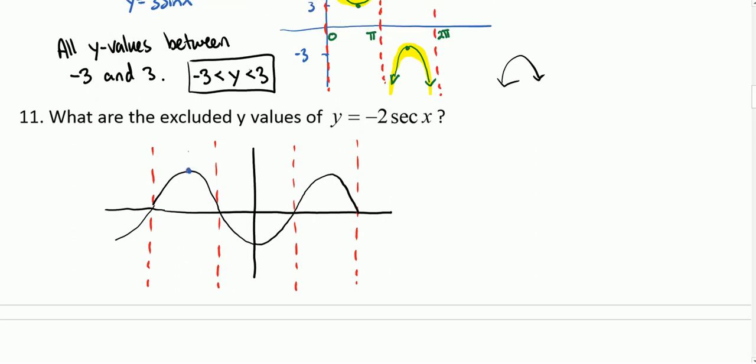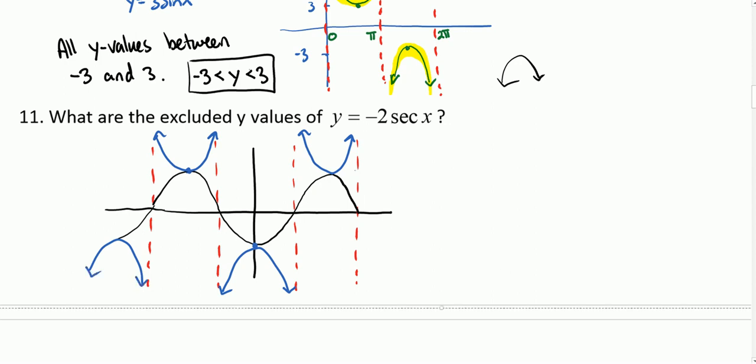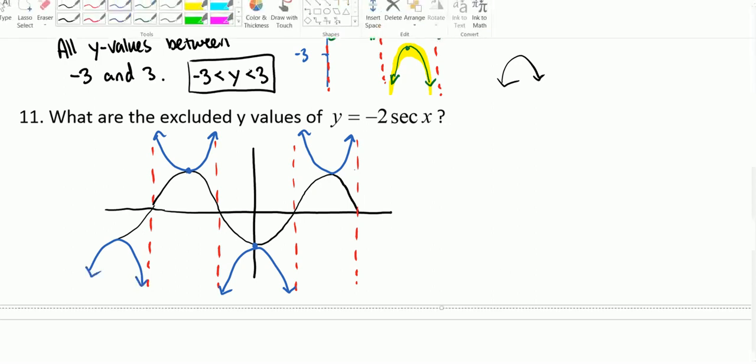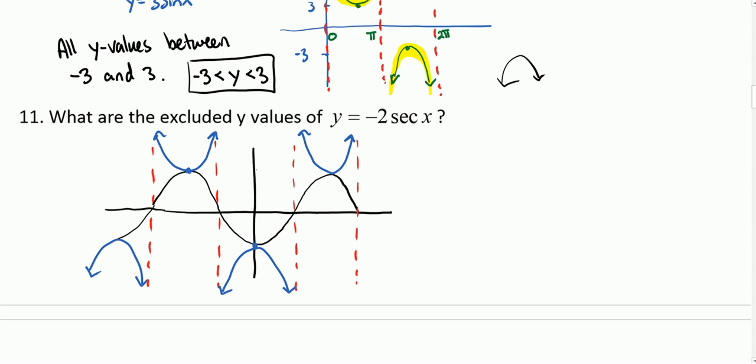My actual graph is what I'm doing in blue, hitting 2, negative 2.